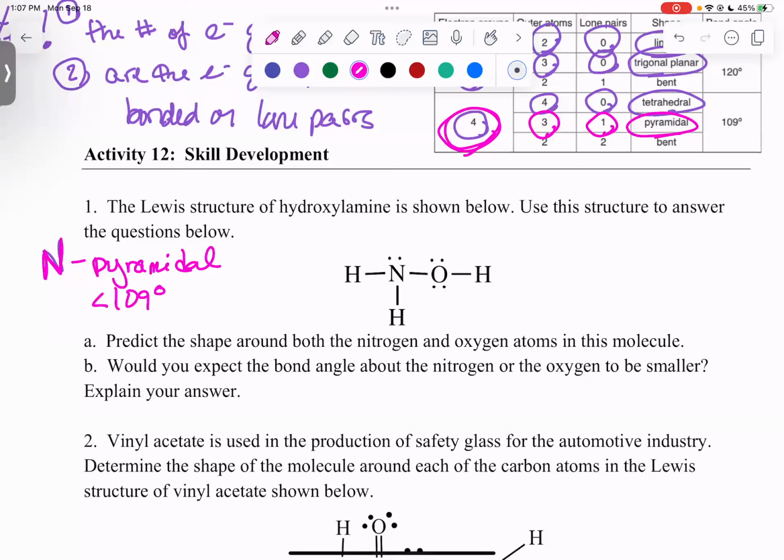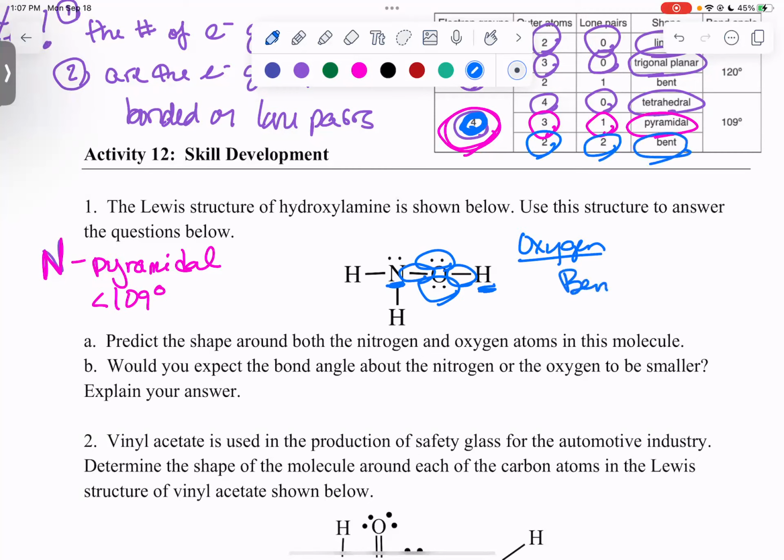Now my oxygen, on the other hand, I have 1, 2, 3, 4 groups. So 4 again. 4 is very popular. But in this case, I only have 1, 2 outer atoms, and I have 2 lone pairs. So therefore, this oxygen is bent, and it's less than 109 degrees. Okay, not too bad.